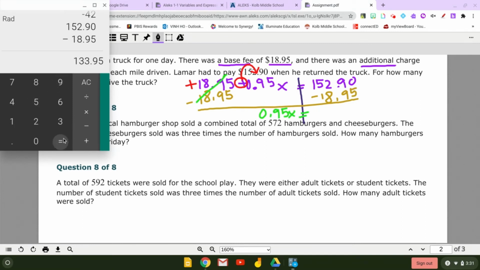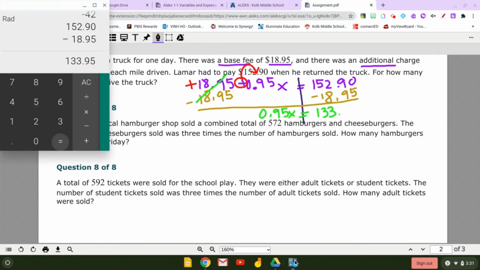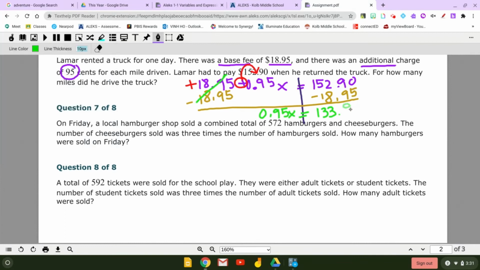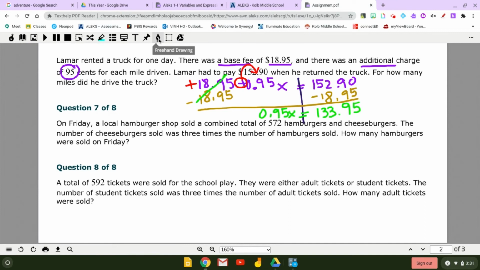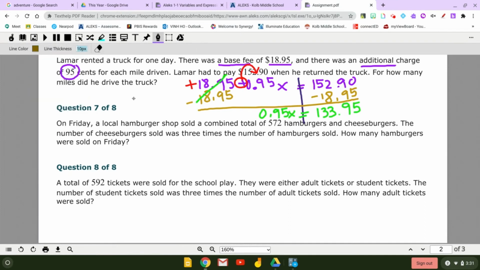So that will be 133.95. All right. So then my next step to get x by itself is to divide by 0.95 on both sides.